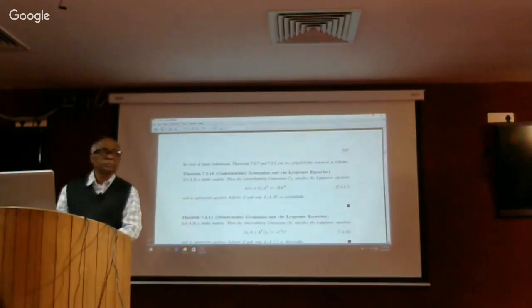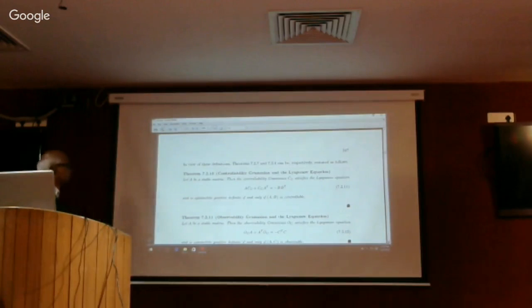So look at here, Theorem 7.2.0. It says suppose A is a stable matrix, then the controllability Gramian satisfies the Lyapunov matrix equation and is symmetric positive definite if and only if the pair (A, B) is controllable. So the right hand side of the Lyapunov matrix equation is of the form B B transpose, where B is the control input matrix.